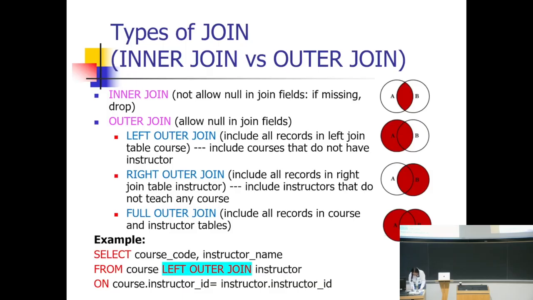And of course, you also have ON here, so you have your join condition on, for example, course.instructor_ID equals instructor ID. Here we are joining using the foreign key. Now in this case, we have everything from the instructor, even if the course value is null.